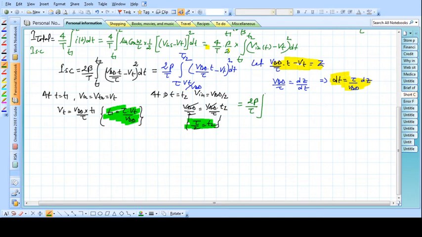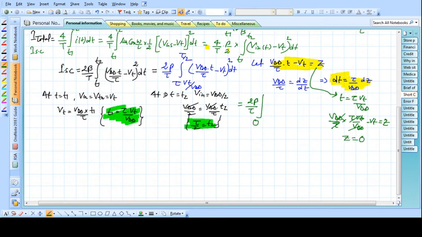When t equals tau vt by VDD, the z limit, by putting in VDD by tau into tau vt by VDD minus vt, will be zero, since tau cancels and VDD cancels.